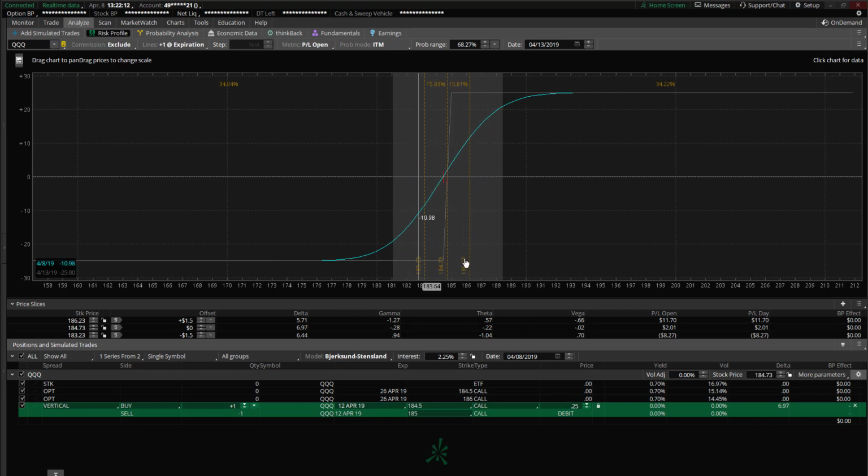Even though I've moved these lines, I have not moved the date. And so this gray box is still representing my expected move between now and Friday. The lines now are just showing where I set my slices. So I could look to get into this trade for $25. That's my max loss.